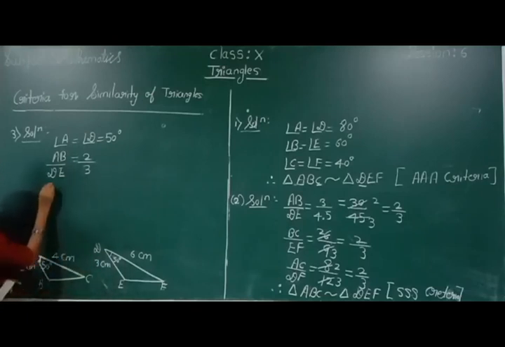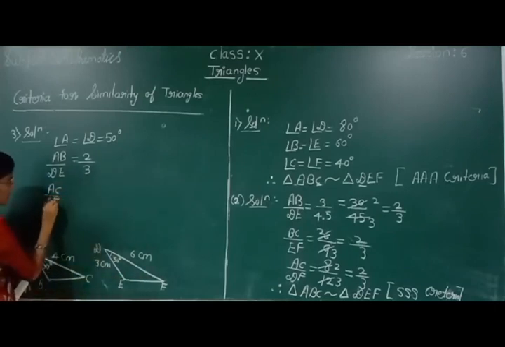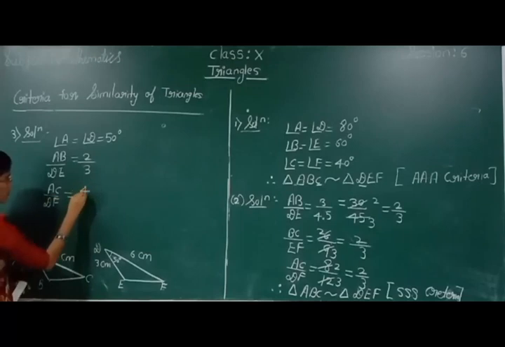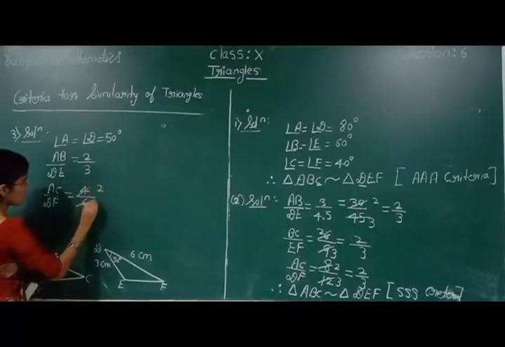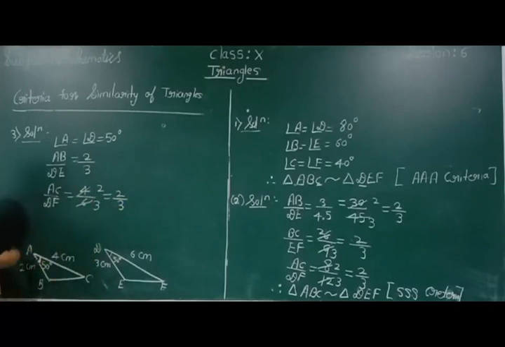Again we will see here AC by DF. If you do AC by DF, 4 by 6, 2 2s are 4, 2 3s are 6. The answer we are getting is 2 by 3. See here, one angle is same and the two corresponding sides ratio are same.